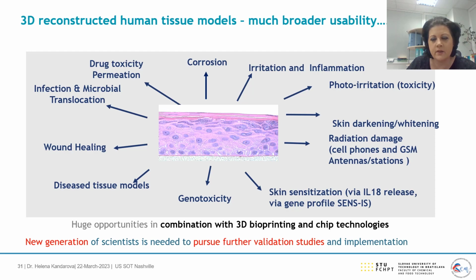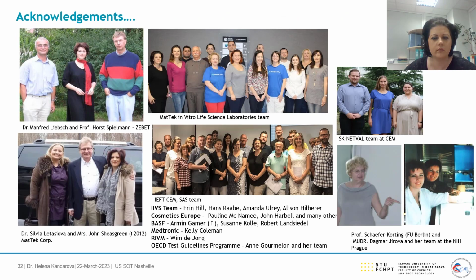And I think there is a huge opportunity in combination of these 3D tissues with novel technologies like 3D bioprinting and chip technologies. But it also will require a new generation of scientists that are willing to spend long hours in the laboratories and push for the validation studies and implementation of these new technologies into the regulations.